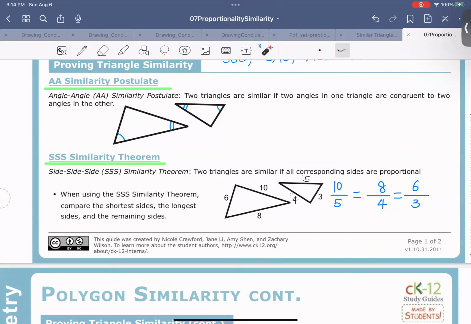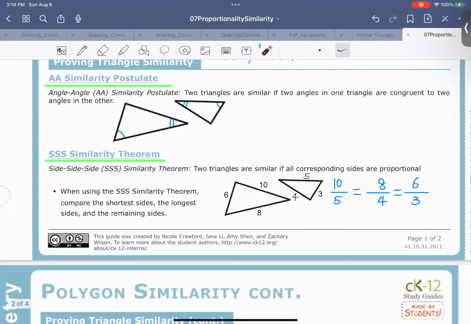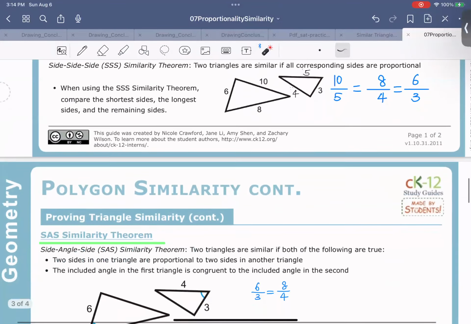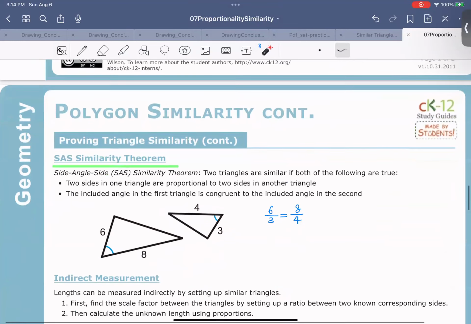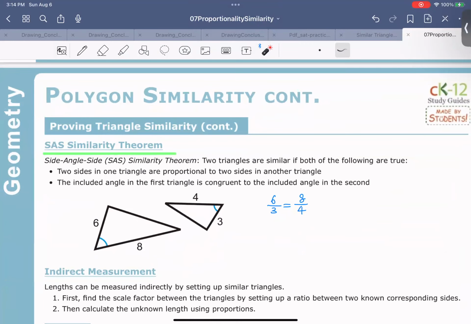The first one is called AA. The second one is called SSS. And the last one is called SAS. If I tell you this side divided by this side is 2, this side divided by this side is 2, and at the same time I see these two angles are congruent, I will see these two triangles to be similar.